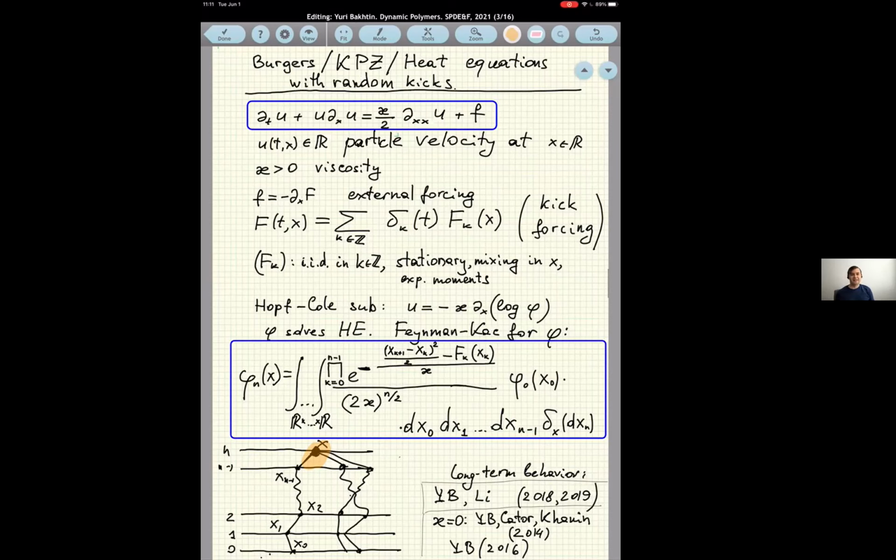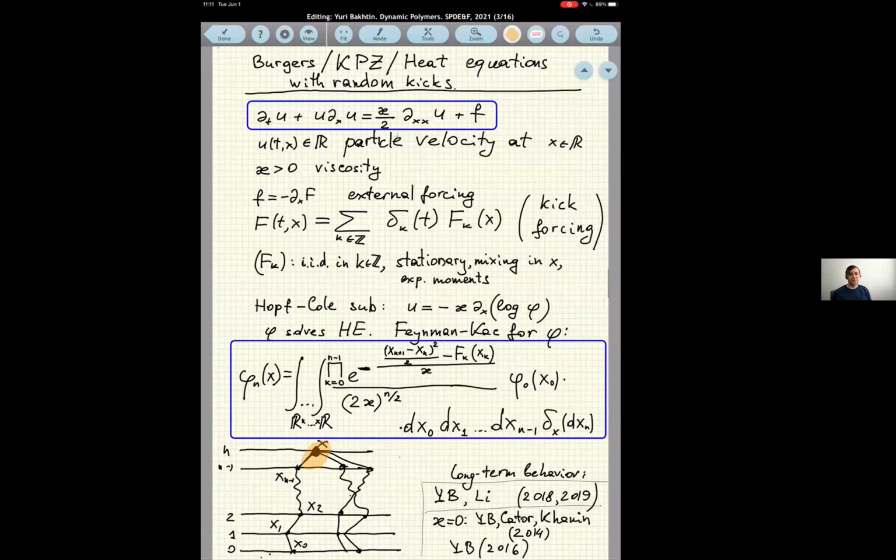You're integrating the exponential weight that corresponds to the external potential, and also the initial condition. If you're interested in studying long-term properties of the Burgers equation, or the KPZ stochastic heat equation, you're interested in studying those polymer measures over a long time. And the ergodic theory of the Burgers equation is based on these polymer measures.